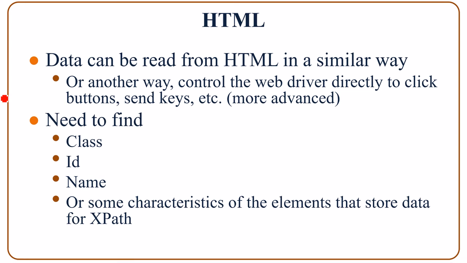Class here is a property of an HTML tag that tells the browser how to present the tag on the browser. If the tags have ID or name attributes, those are useful as well, and actually more useful.